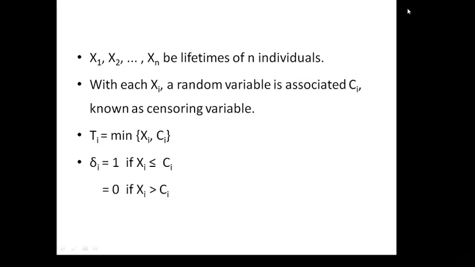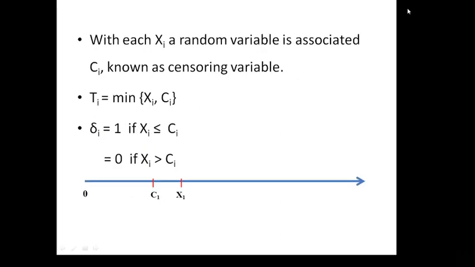So suppose the situation is like this: C1 is less than X1. X1 is the actual lifetime of the first unit. But we may not observe X1 in this particular case because the concerned censoring variable is at C1.